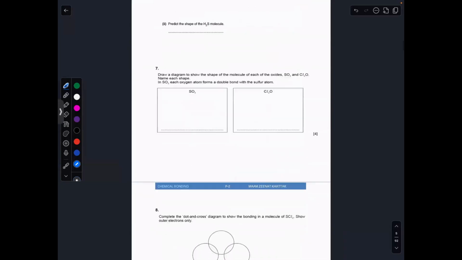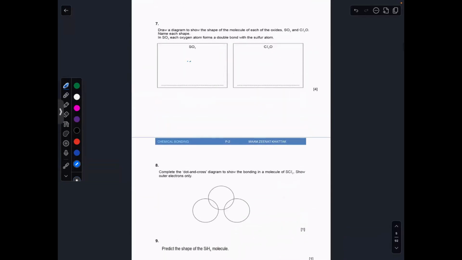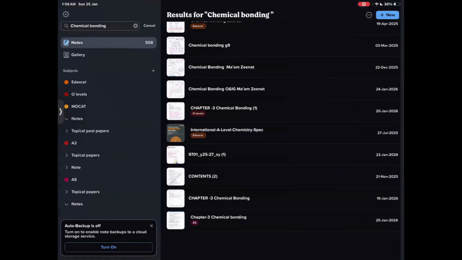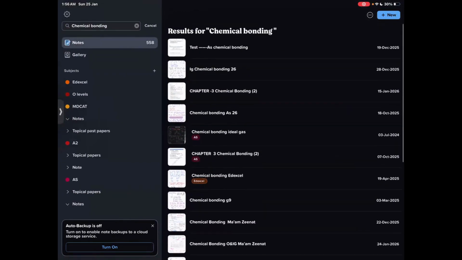Again it's SO3: each oxygen atom forms a double bond. Most of the time, students are guided in situations where it would be difficult for the student to handle. So coming to the explanation.